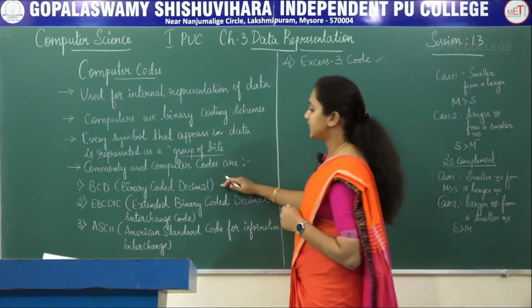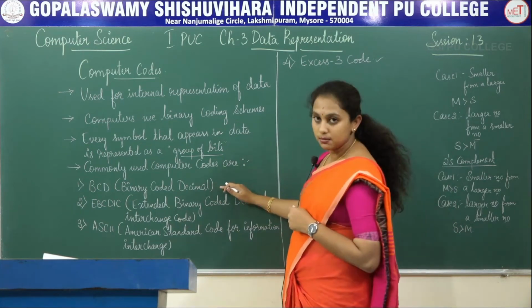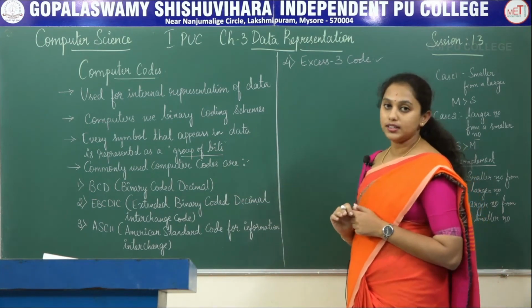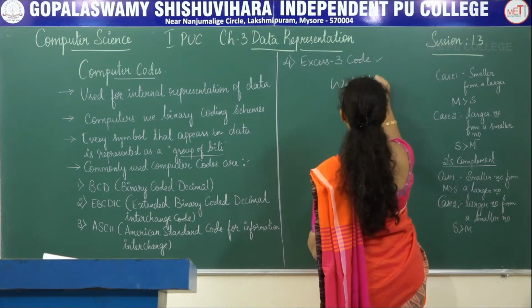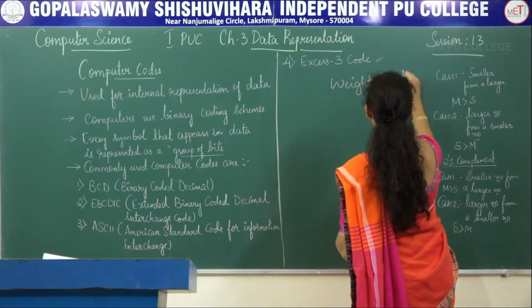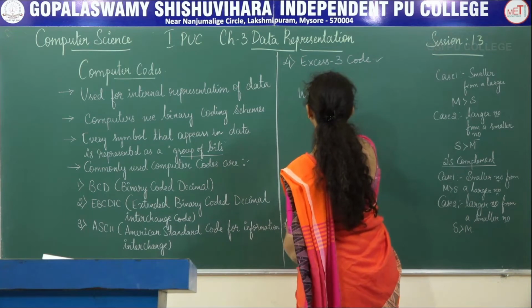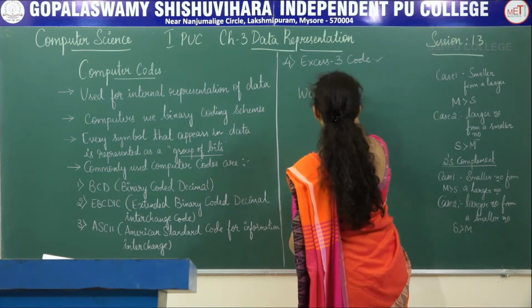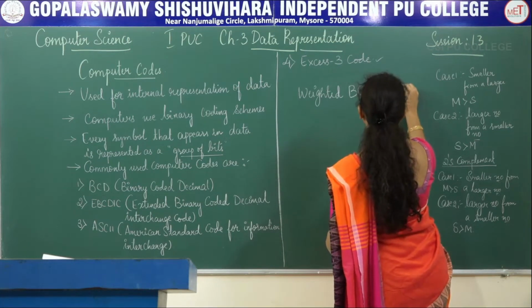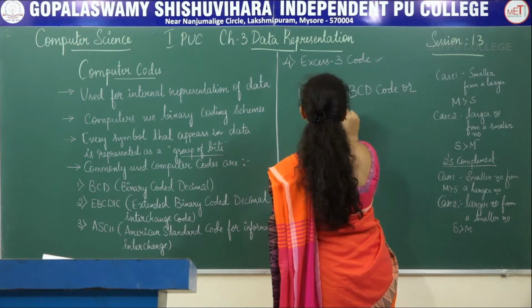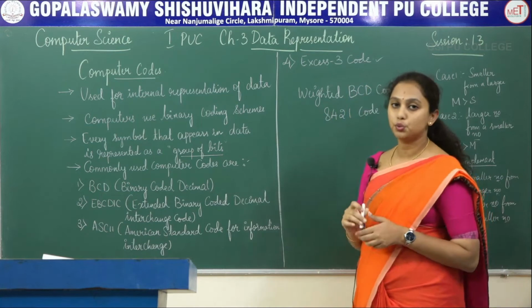What is BCD? BCD stands for binary coded decimal, and it is also called weighted BCD code or 8421 code.